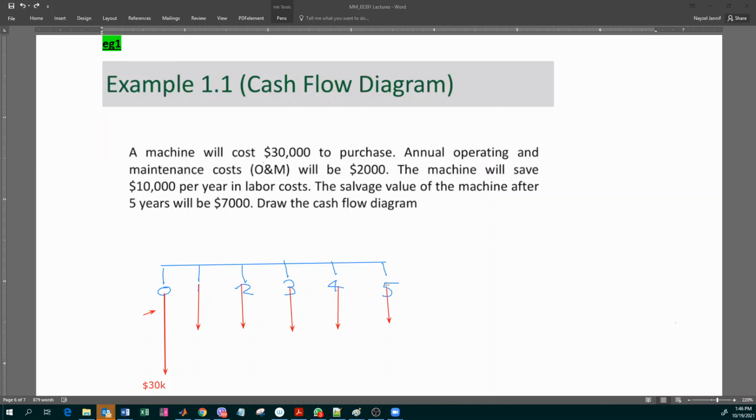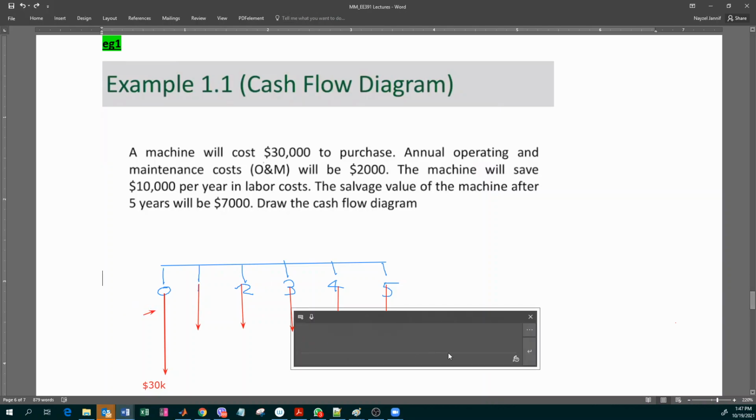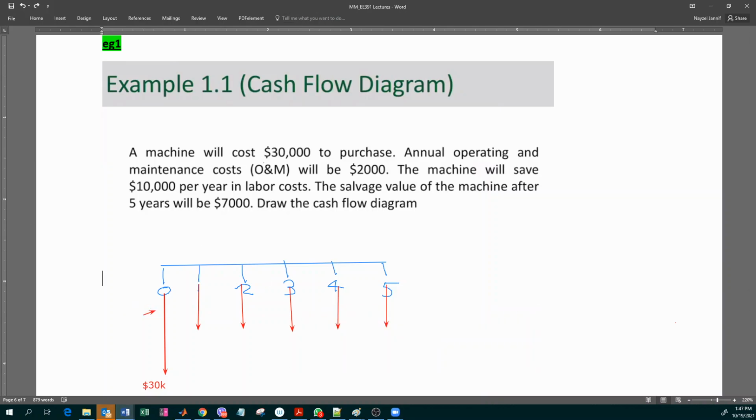You may be asking me, hey, how come it didn't have $2,000 in the beginning one?